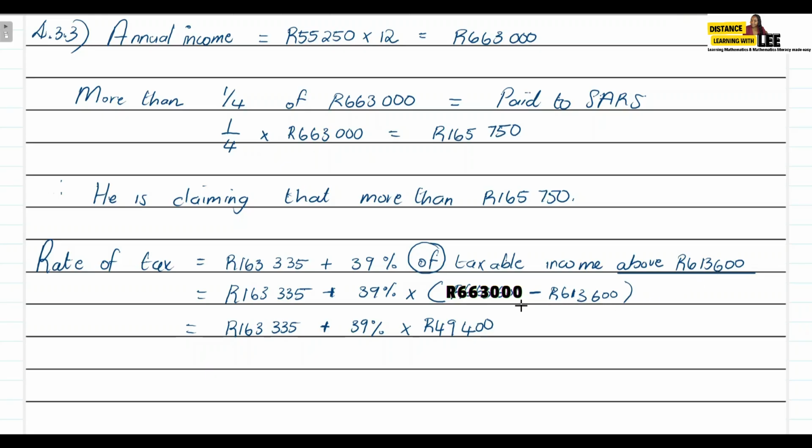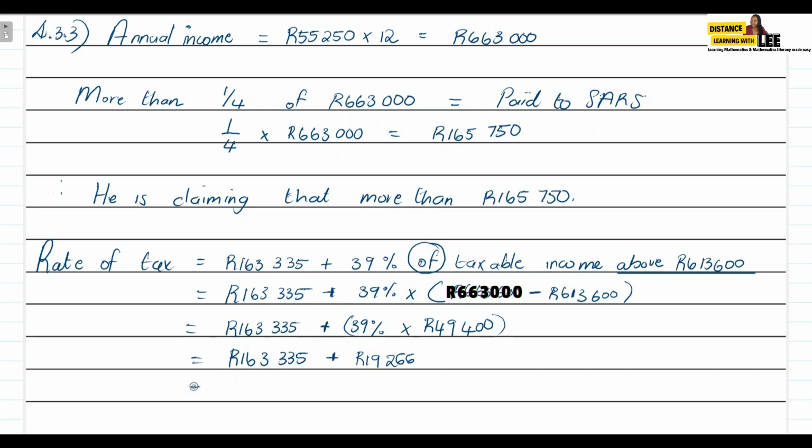In other words, if you take 613,600 and add 49,400, you will get his annual taxable income. So that is the amount above 613,600. If you then multiply that 39% with 49,400, you will get 19,266. So 39% of 49,400 is 19,266.